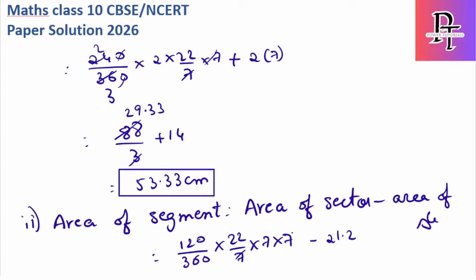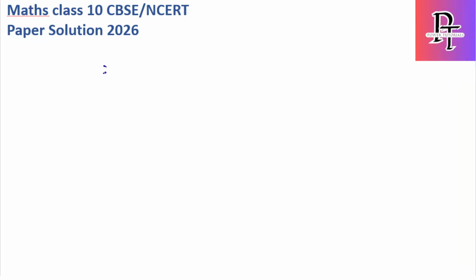So 7 and 7 get cancelled out, 7 2s are 14, 154 by 3, 154 by 3 minus 21.2. So we get 51.33 minus 21.2.